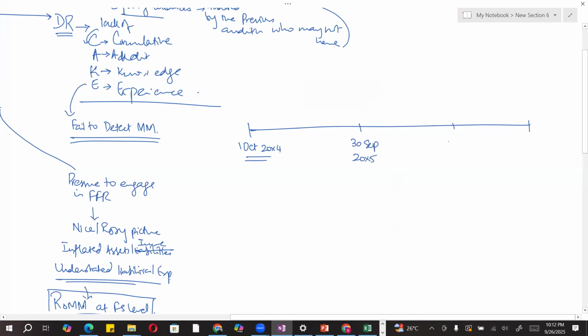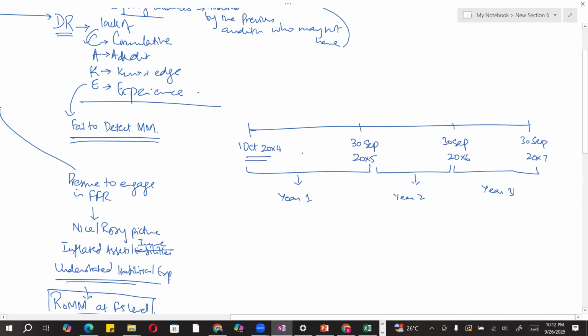Another contract year is going to end on 30th September 2x6, and a third contract year is going to end on 30th September 2x7. So this is effectively contract year one, this is contract year two, and this is contract year three.